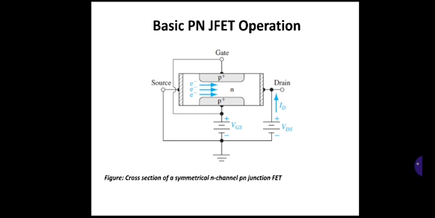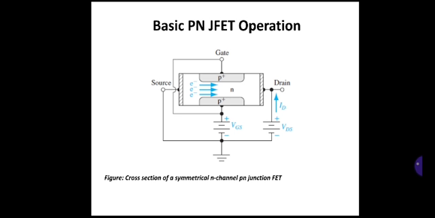The channel has ohmic contacts at each end. The basic transistor action is the modulation of the channel conductance by an electric field that is perpendicular to the channel.